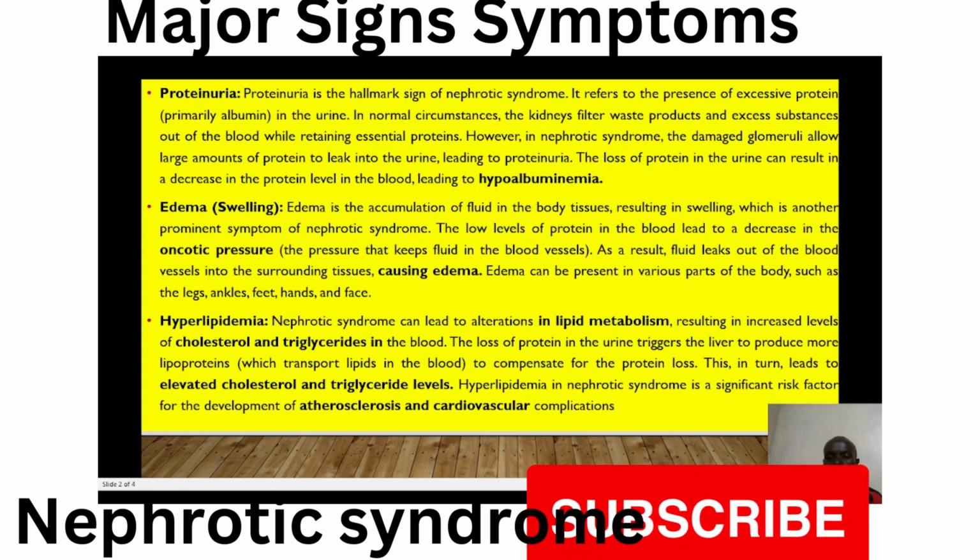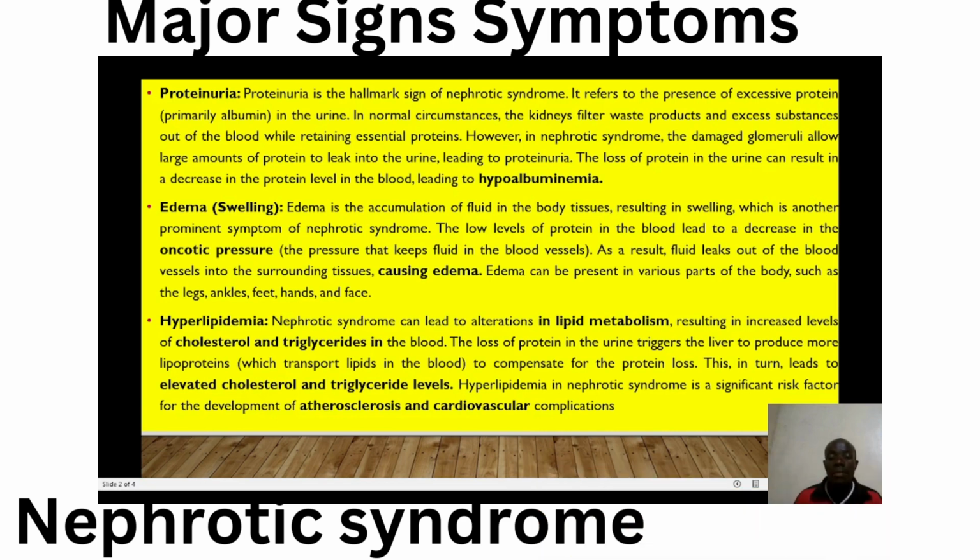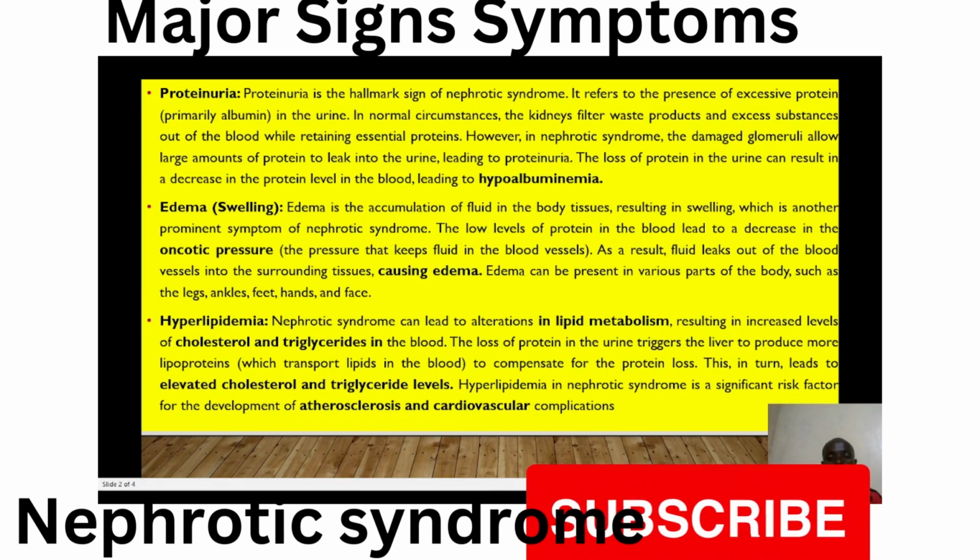Why do we have more lipids in a person suffering from nephrotic syndrome? We are saying that this disease normally leads to alteration in lipid metabolism, resulting in increased levels of cholesterol and triglycerides in blood. So guys, remember we have talked about the loss of protein in urine.